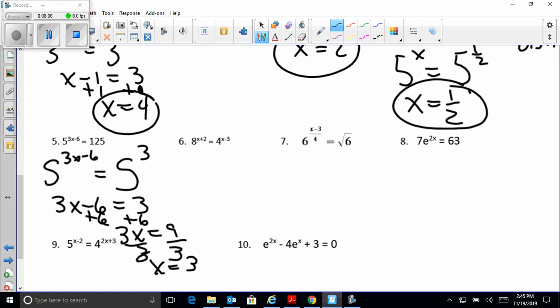Now, number 6. I could do natural log here. I am actually going to do something a little different. We'll make them the same base. And make this 2 to the 3rd. But remember, I have this x plus 2 equals, this is 2 squared, but I have that x minus 3.